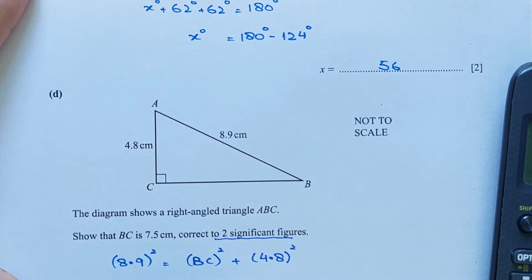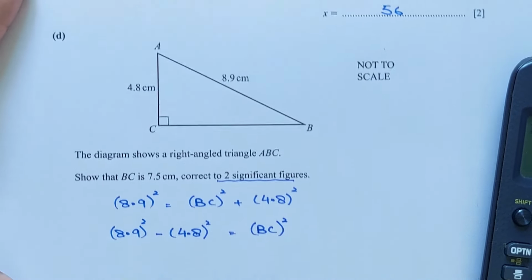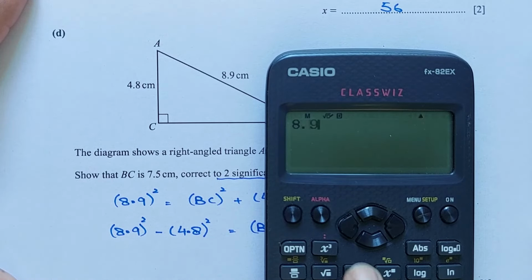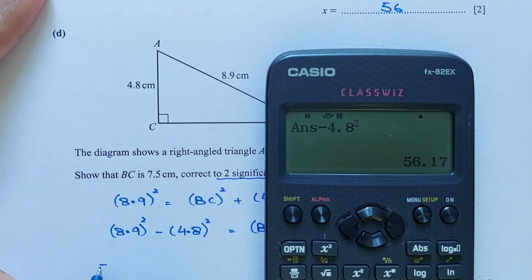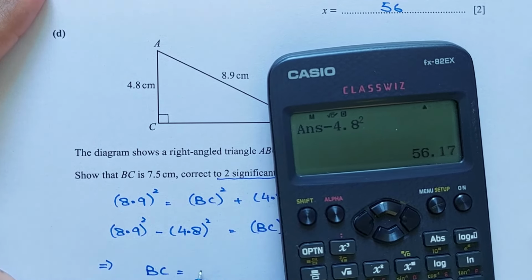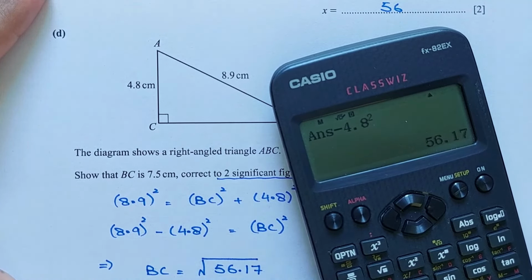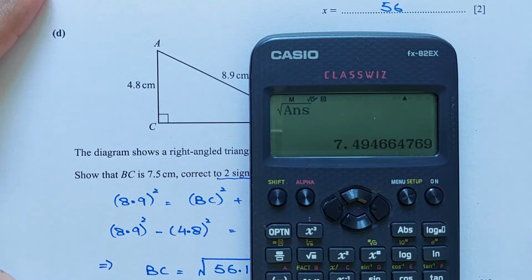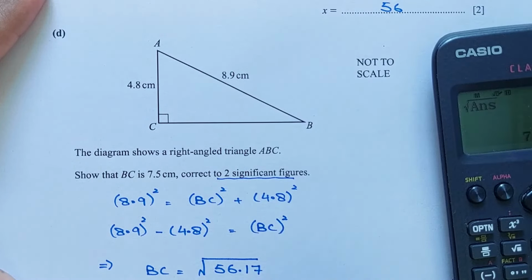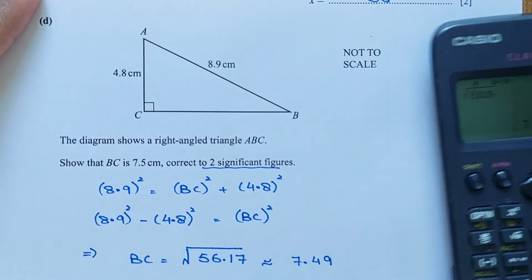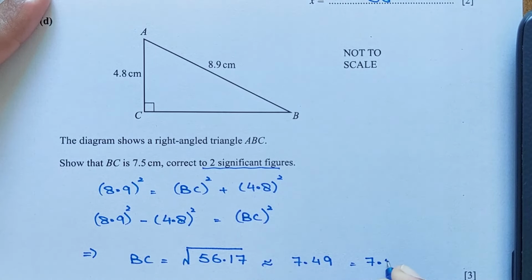So 8.9 squared minus 4.8 squared equals BC squared. 8.9 squared minus 4.8 squared is 56.17. So BC is the square root of 56.17, which is 7.49. Correct to two significant figures, that is 7.5 centimeters.